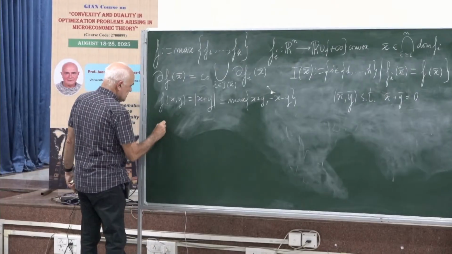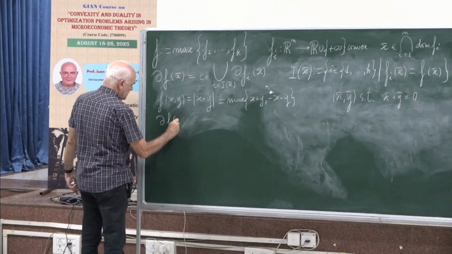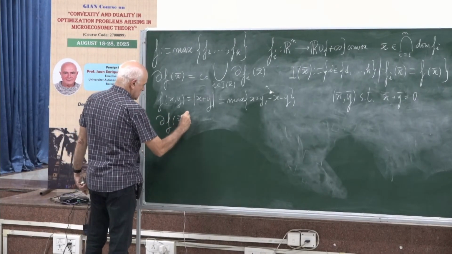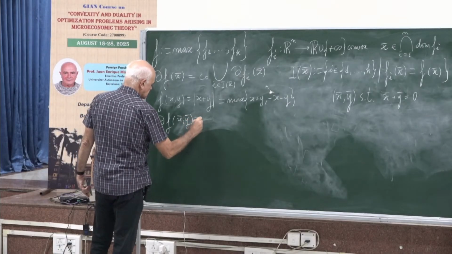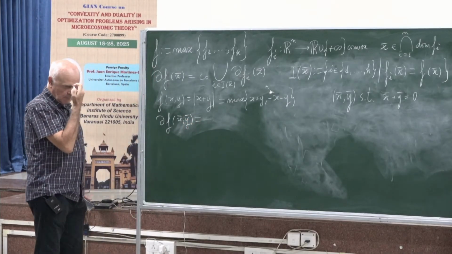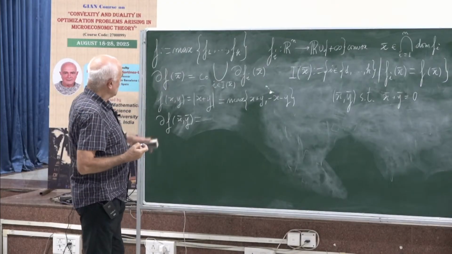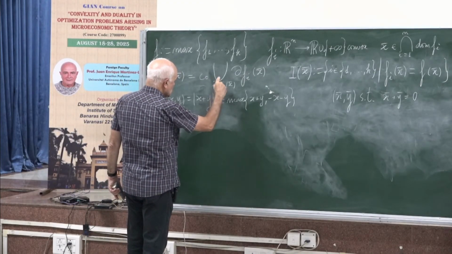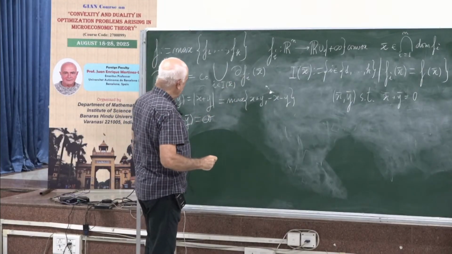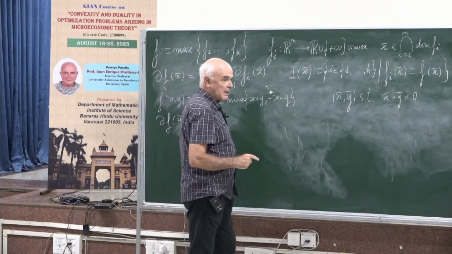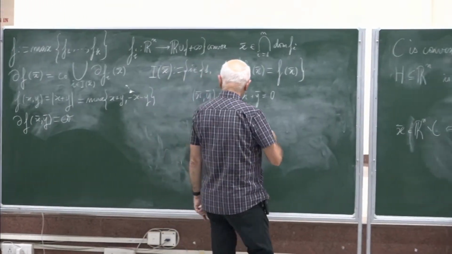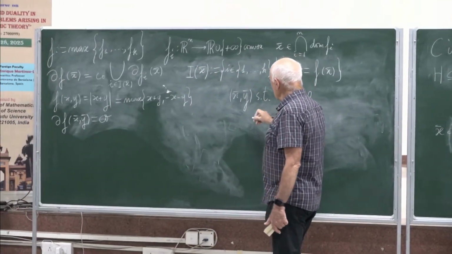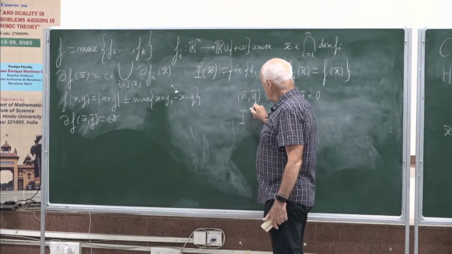So what's the subdifferential of f at such point? According to this formula, it is the convex hull of this union. But what is this union now? What is I of (x bar, y bar)?